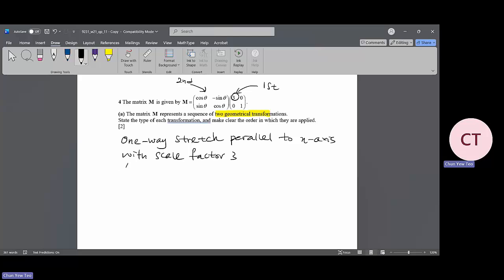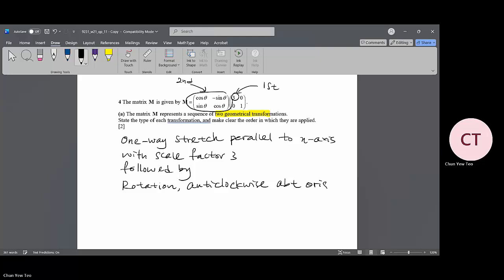Then followed by the second transformation over here. This one is obviously a rotation, anti-clockwise, center at O, about the origin, through angle theta.